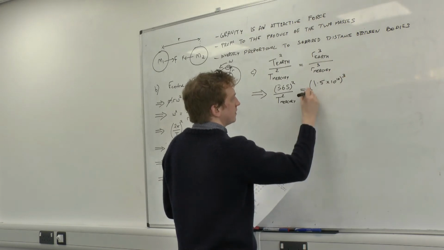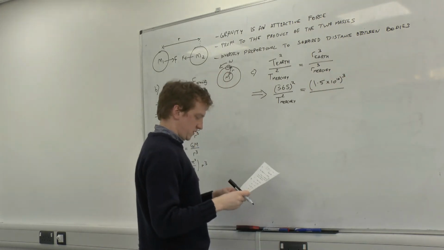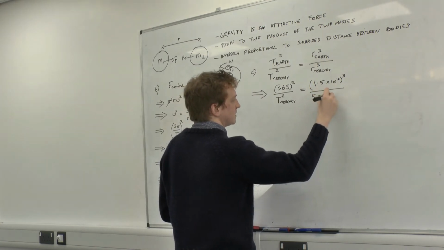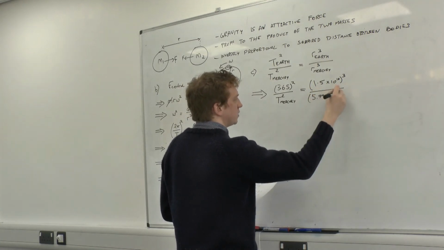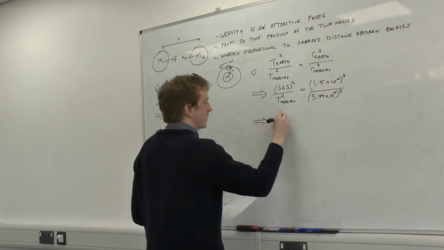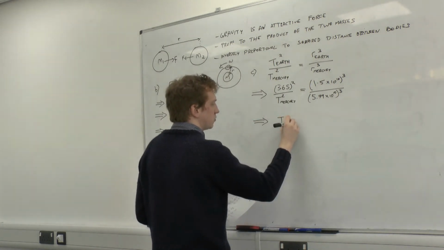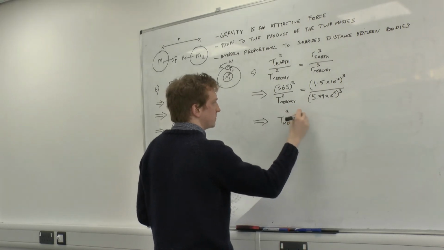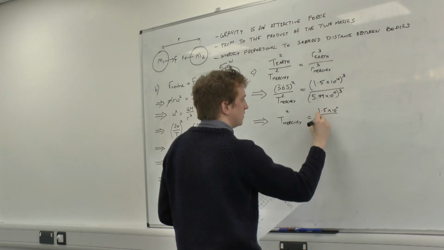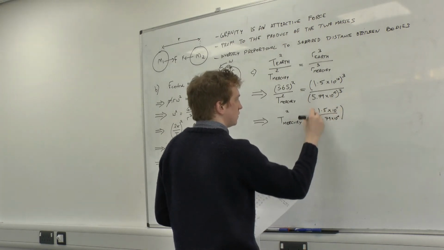Then we cube that and divide this by the orbital radius of Mercury, which is 5.79 times 10 to the 10, and then we cube that. If we rearrange this, we get T Mercury squared is 1.5 times 10 to the 11 divided by 5.79 times 10 to the 10. Cube the whole thing.